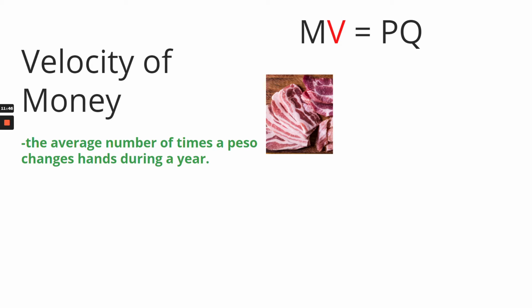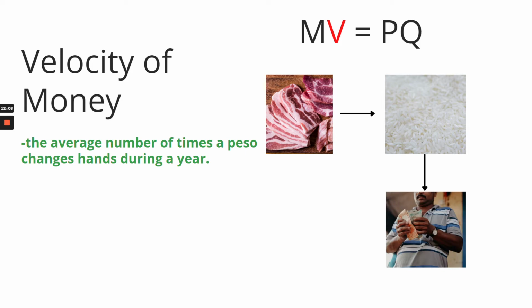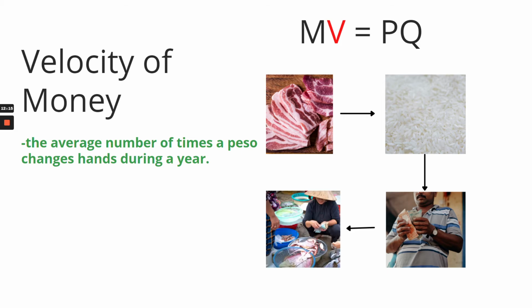Illustrate lang nato. So, for example, nipalit ka og meat sa local market. Ang gibayad nimo ana sa tindero sa meat, kita ang tindero sa meat nipalit pud siya og rice, no? So ang kwarta nabalhin na dito sa rice vendor or rice producer. So ang rice producer pod, ang gihimo niya sa kwarta is gibayad niya sa iyang trabahador. Okay? So another switch na pod. And then ang trabahador nipalit og isda sa palengke. Okay?